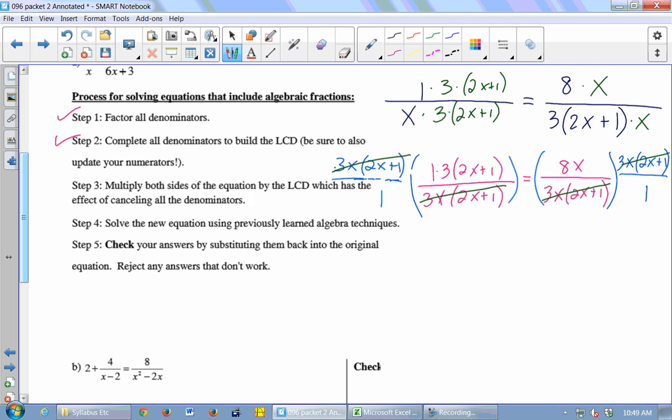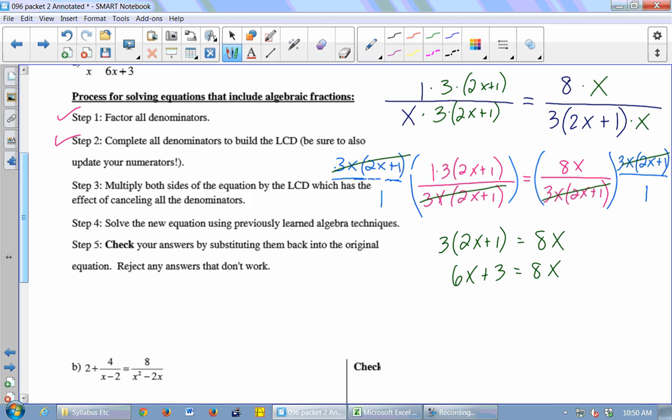Now I need to solve 1 times 3 times 2x plus 1. Nope, I'm looking at the numerator. Yep. Equals 8x. 1 times 3 is just 3, right? I don't really need that 1 there. I can distribute my 3, and I get 6x plus 3 equals 8x.